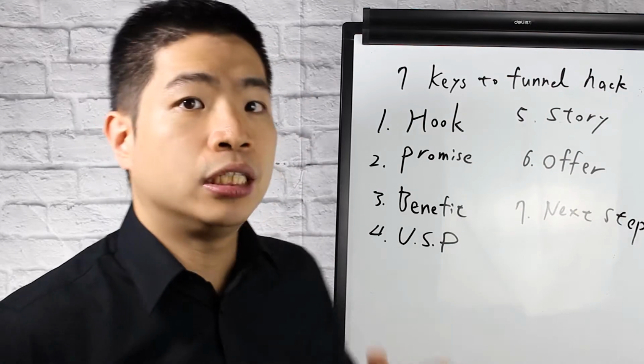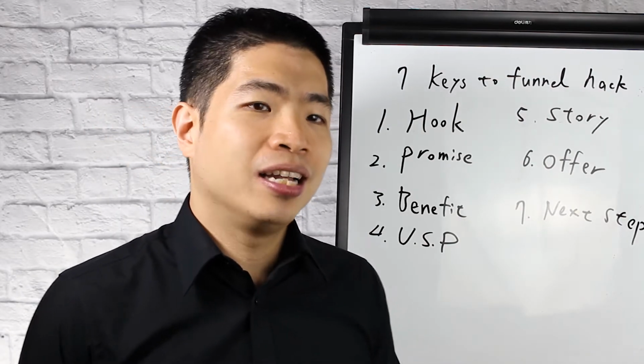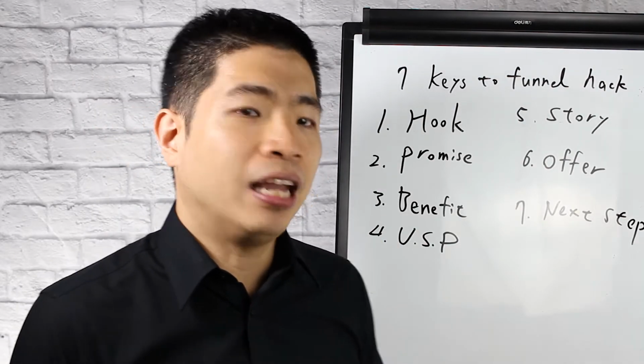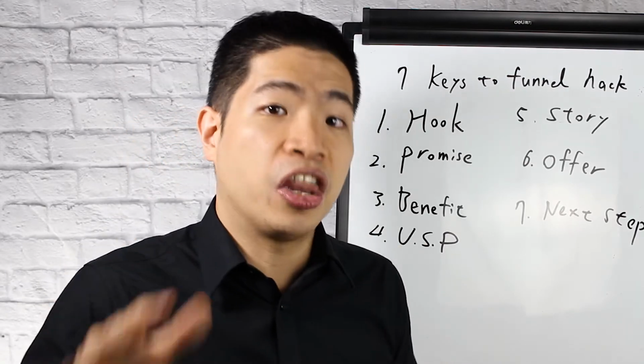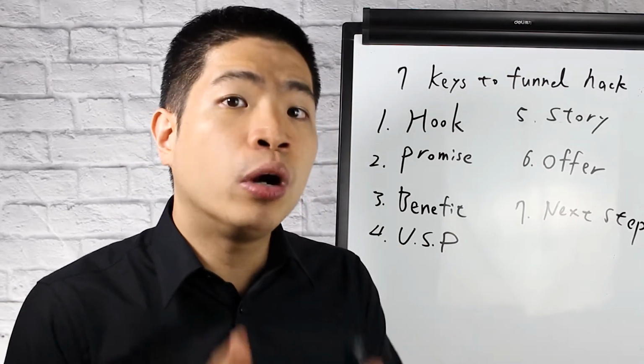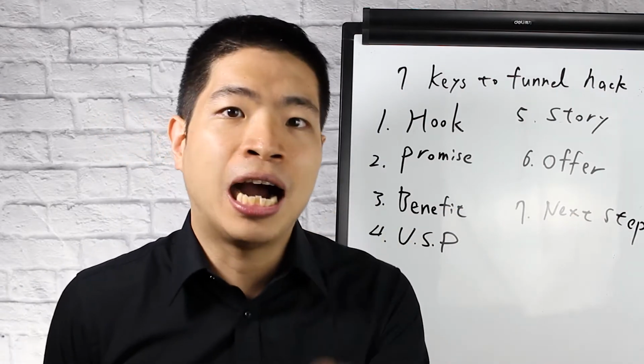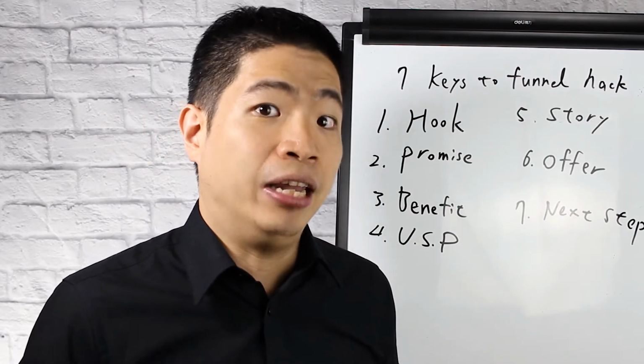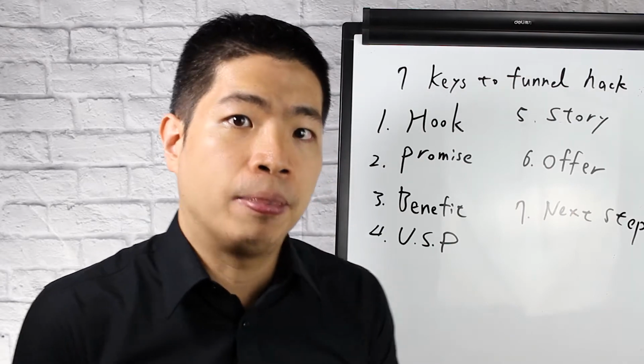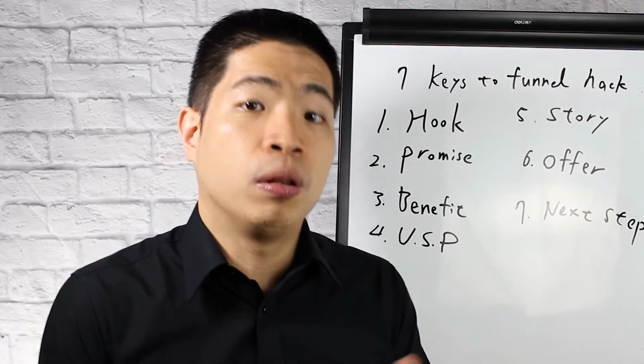Then another one is the unique selling proposition. This one is big. You don't want to copy other people's unique selling proposition, but you want to see what makes them different. Then you want to come up with your own. Most of the time nowadays, this is all about process.